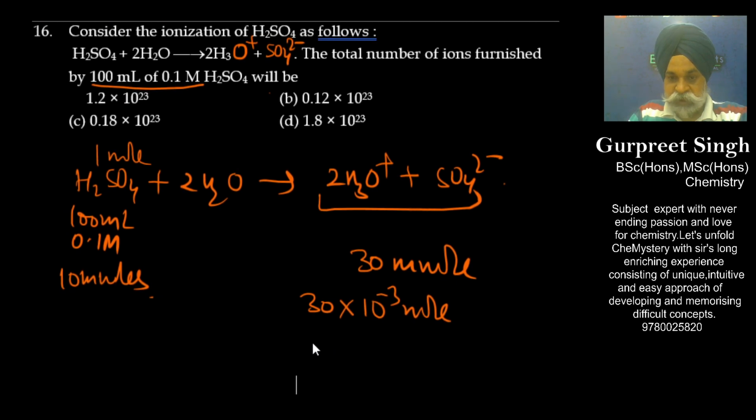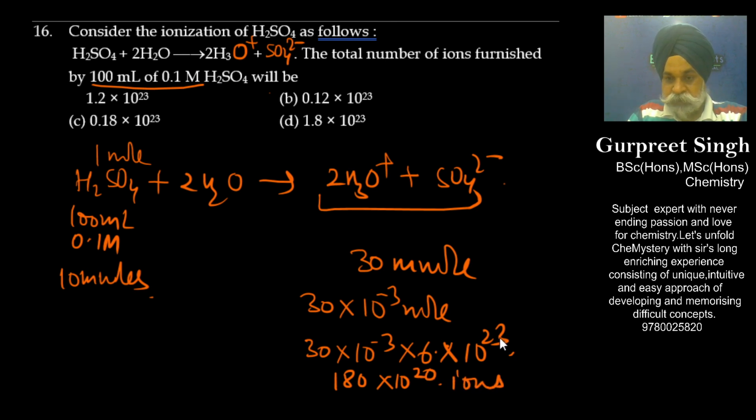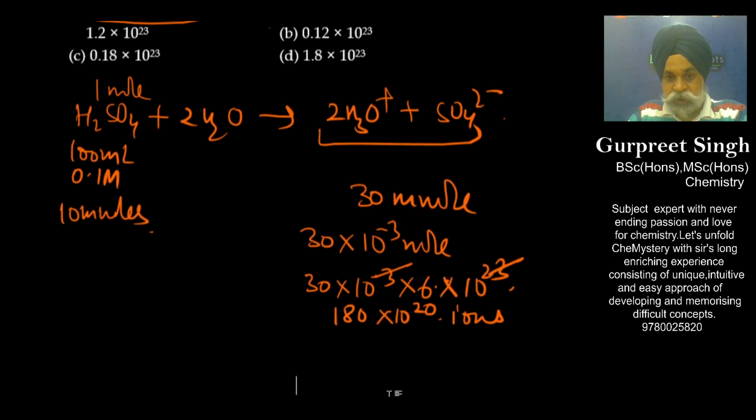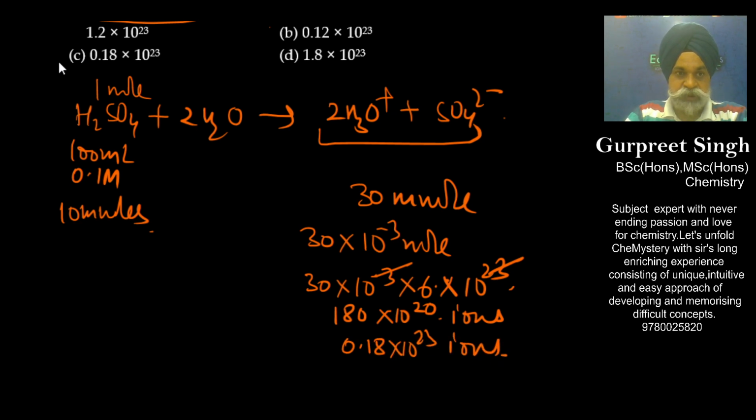So I shall be saying 30 into 10 to the power minus 3 into 6. I just would take 6 into 10 to the power 23. So this would make 180 into 10 to the power 20 total ions. This 3 and this 3 got cancelled, so it becomes 10 to the power 20, and it is 180. So I may say it would be 0.18 into 10 to the power 23 ions. So answer to this question should be C option.